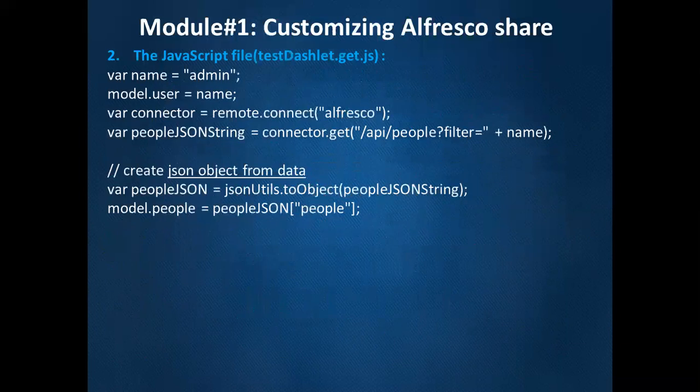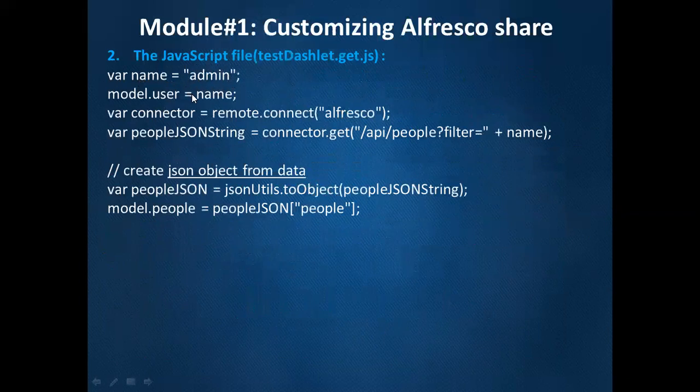In this example, I want to retrieve some users in my Alfresco: the name, first name, last name, and email address. The name is admin, and I want to retrieve only the admin user.